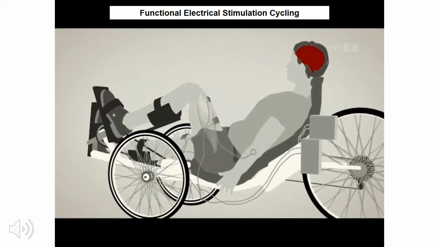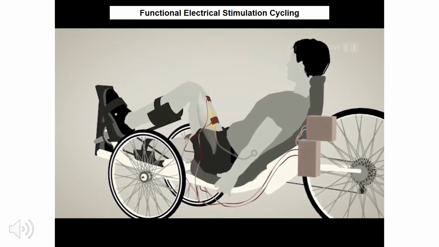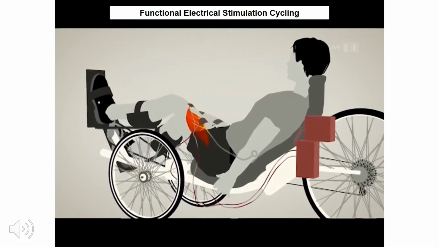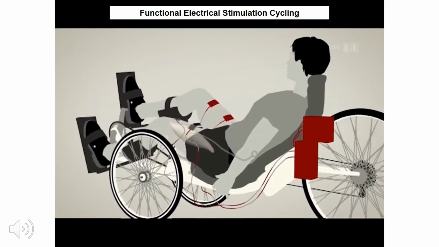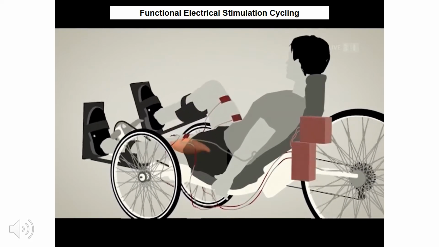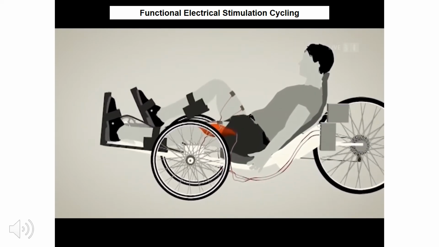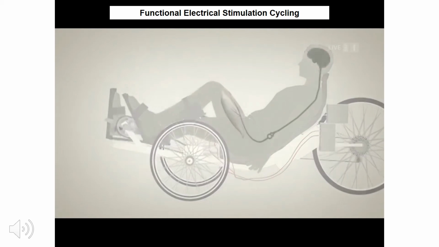This particular type of exercise is particularly important because it helps to develop the muscles that we will need for walking. So even if it's not directly related to gait and walking, it is related to overall health and building the muscles that we need to accomplish this.